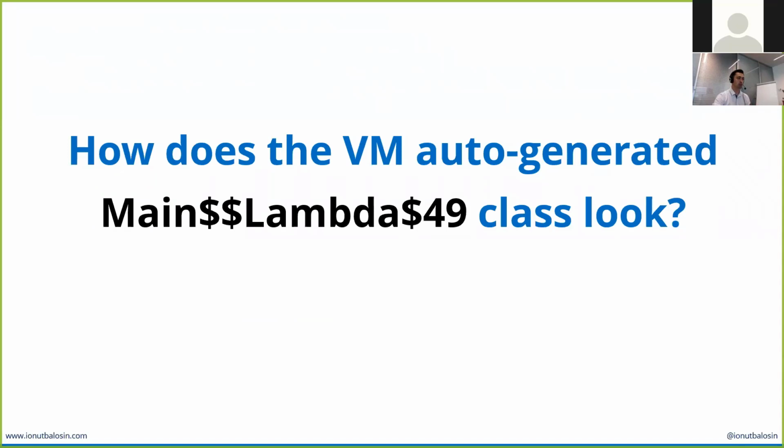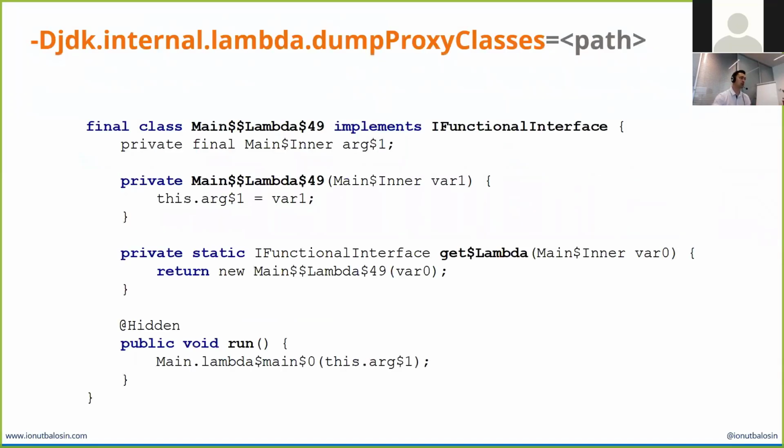Let's see what the structure looks like. If you want to dump all the generated lambda classes in your application, you can use the internal lambda dump proxy class option and specify a path, and under that path all the VM anonymous classes will be dumped.